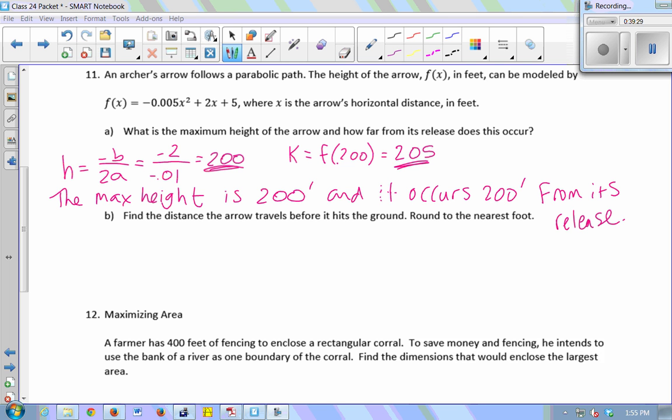No, we already know what k is, right? We already know k is 205. I would find an x-intercept. Yeah, why do you think that?